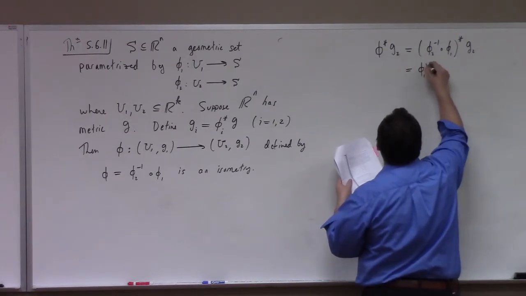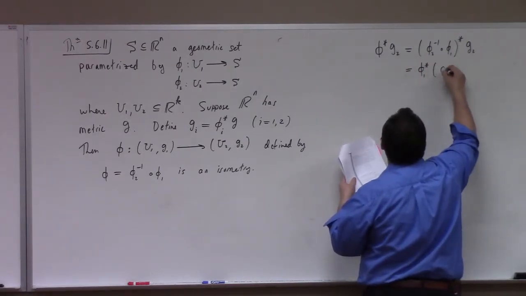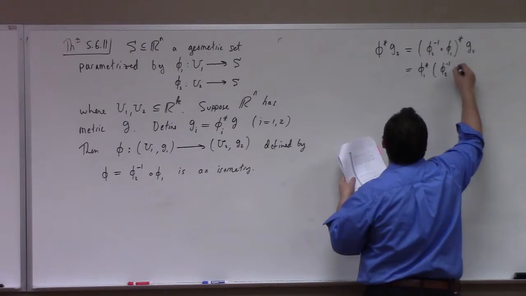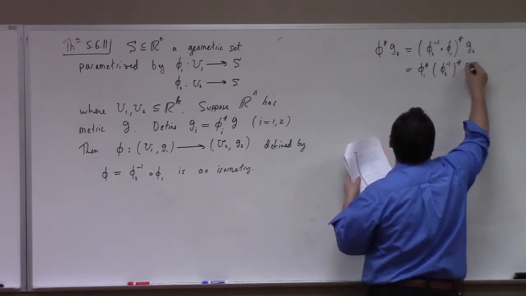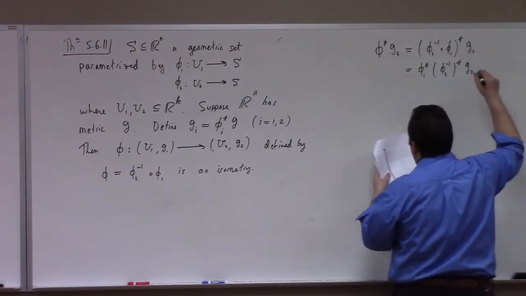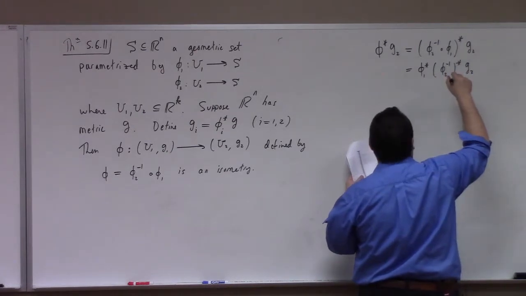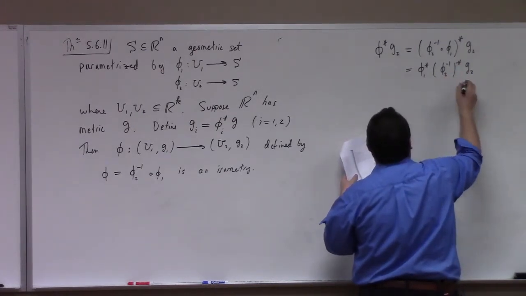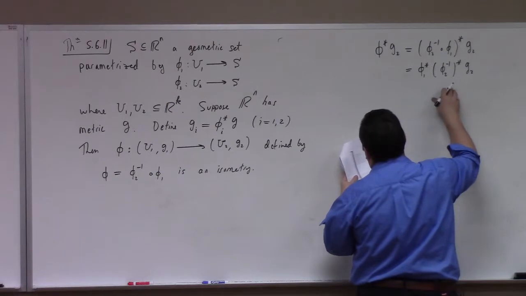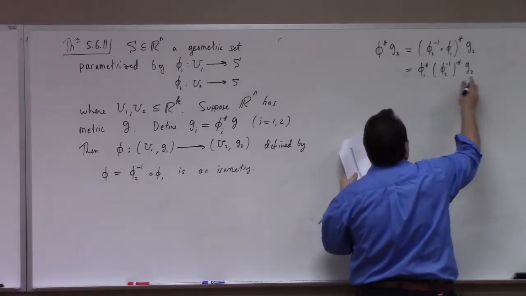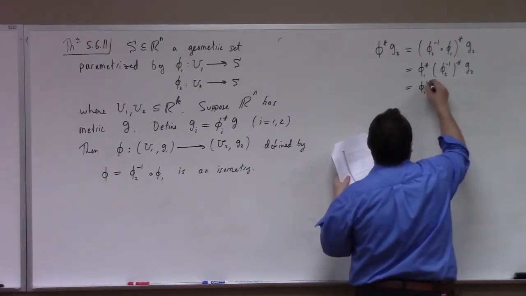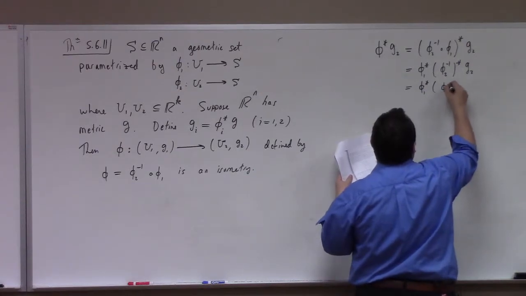That's phi1 pullback, phi2 inverse pullback G2. So that is phi1 pullback, phi2 inverse pullback.